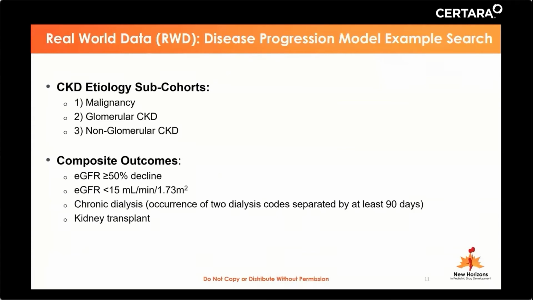In this case, given that we were looking at kidney disease, one endpoint that's commonly accepted by regulatory bodies is a loss of GFR. The GFR loss is greater than a 50% decline. Ultimately, patients who got less than 15 mL per minute per 1.73 meters squared, or chronic dialysis or kidney transplant.